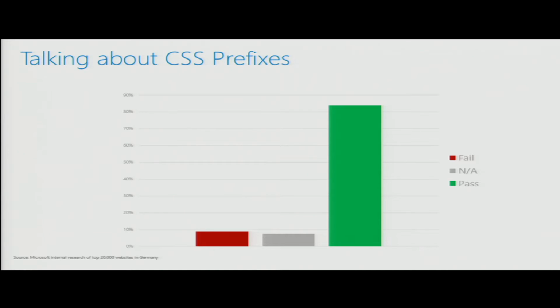So those 10%, so like 10 to 15 of you, should have a look into your website, whether you are still doing that, and add the non-prefixed version to give all the users the best experience.